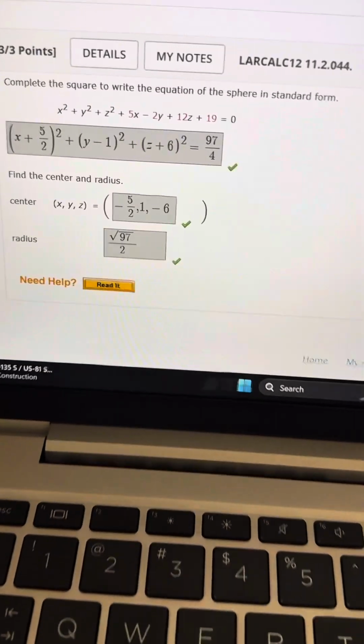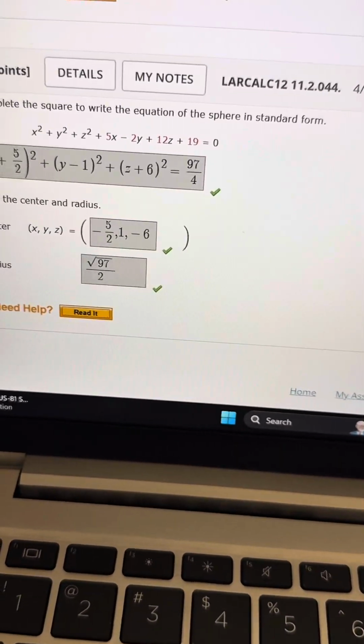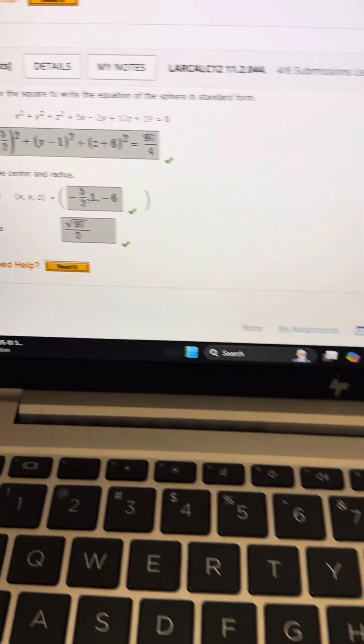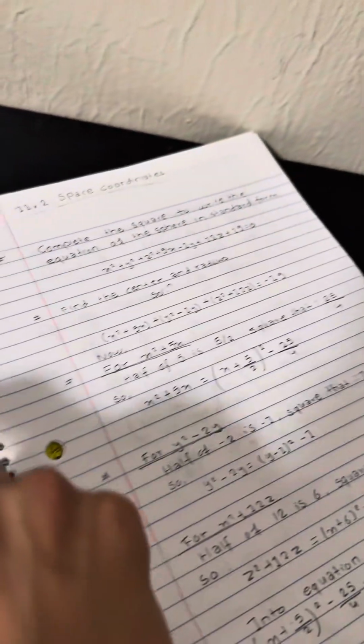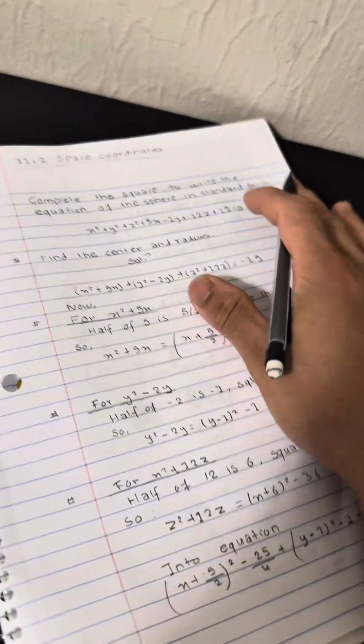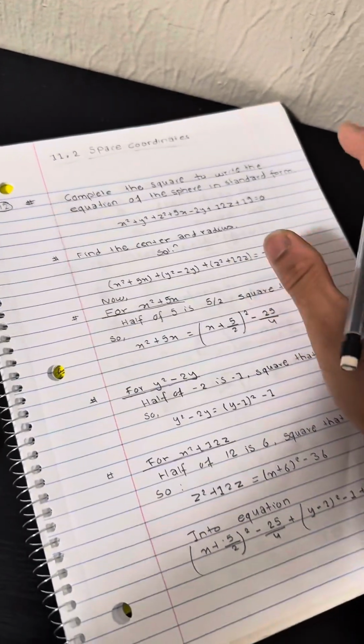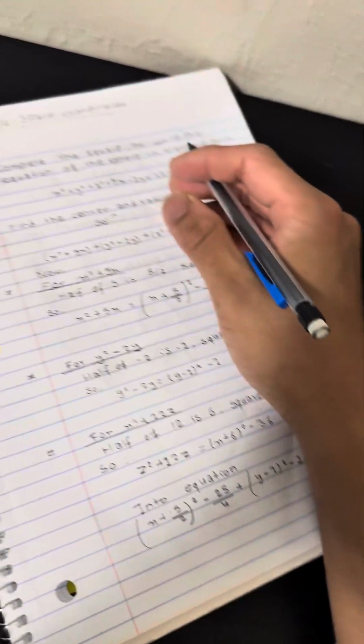We are given: complete the square to write the equation of the sphere in standard form. I already solved this, and I'm going to explain it well.